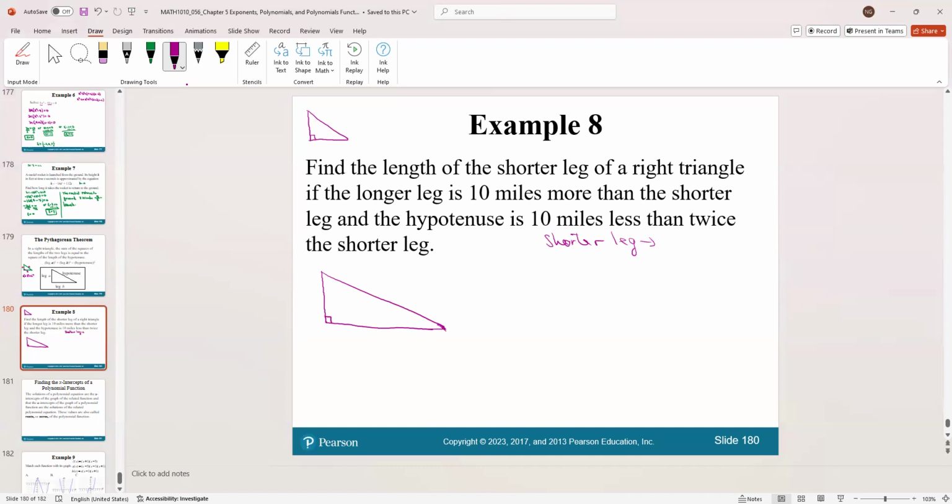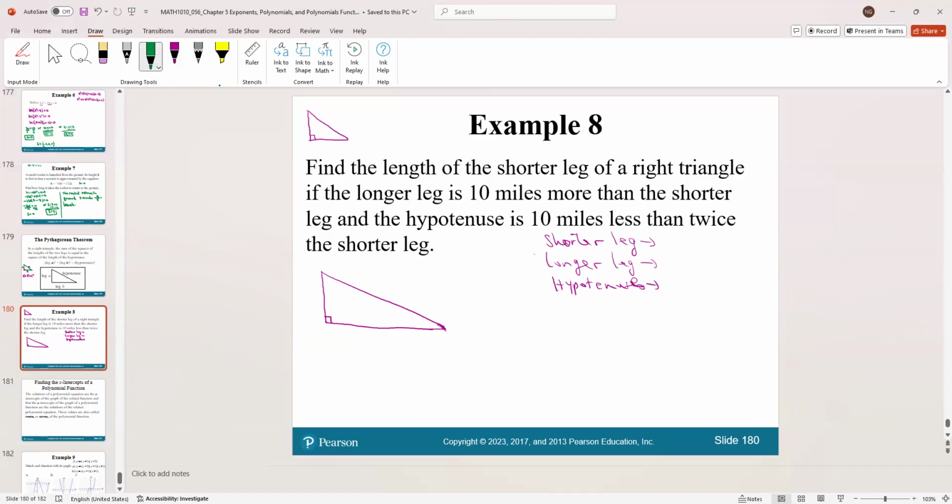Now we have the longer leg, and we have the hypotenuse. A triangle has three sides anyway.